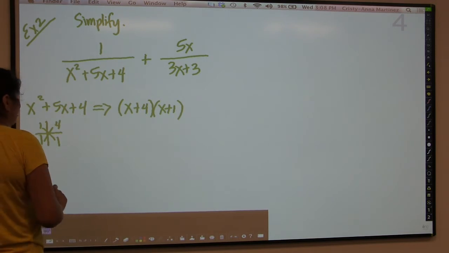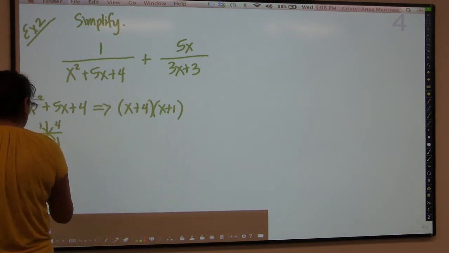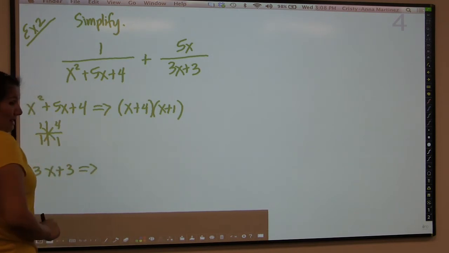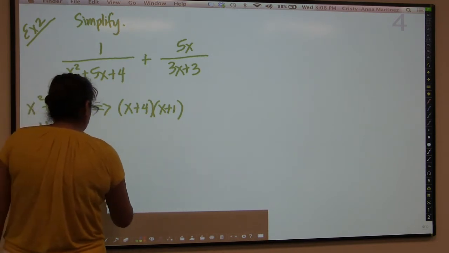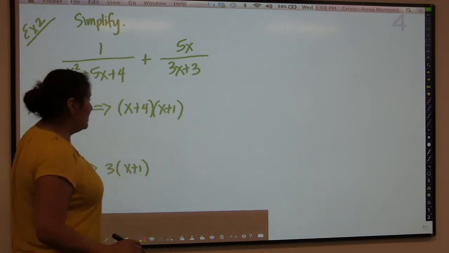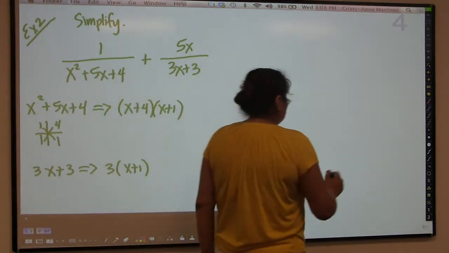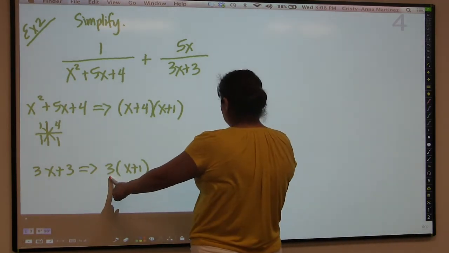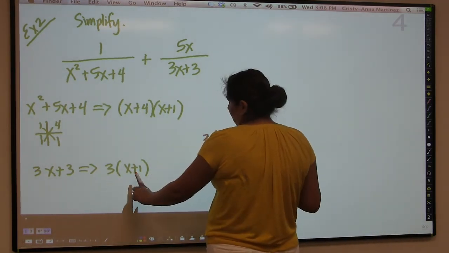And then I want to take the other expression, the 3x plus 3, and I also want to factor that, and they both have a 3 in common. So the 3 comes out, and I get x plus 1. All right, so the least common multiple between the two expressions is going to be a 3 and an x plus 1.